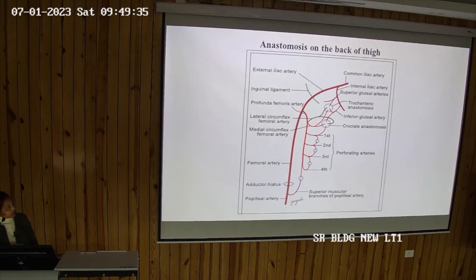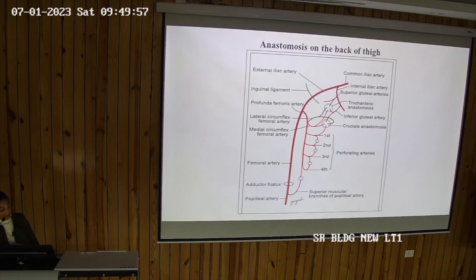Cruciate anastomosis is happening between the transverse branches of medial and lateral circumflex femoral artery and also branches coming from the inferior gluteal and superior gluteal artery. Then deep down also there is one important artery over here.